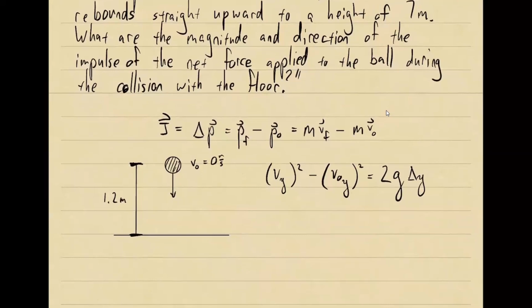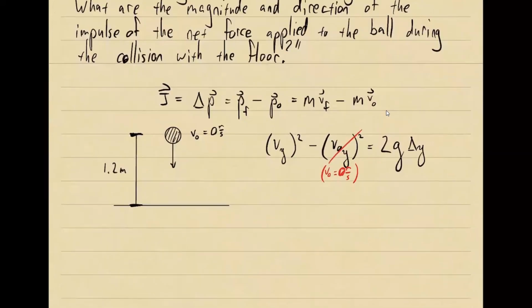So the velocity that our ball hits the ground with, actually even taking a step back, our initial velocity is 0, so that term's gone.